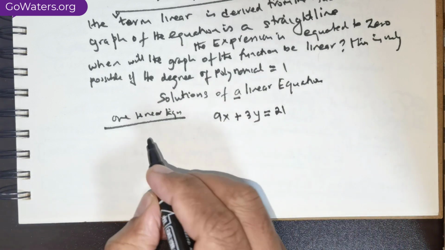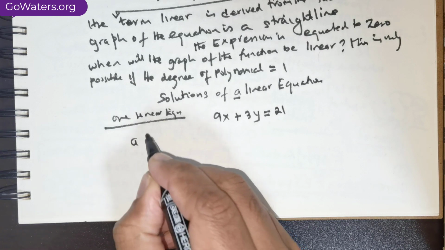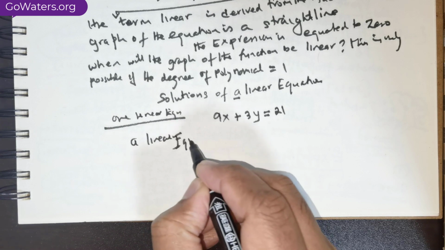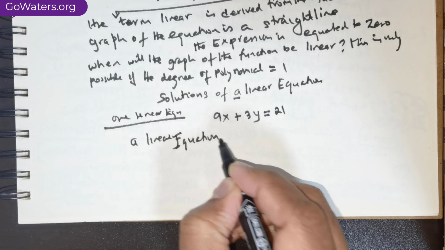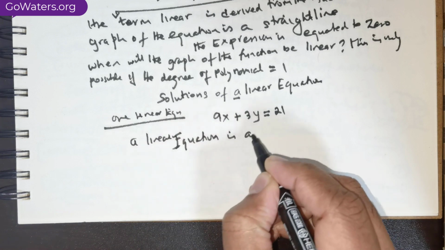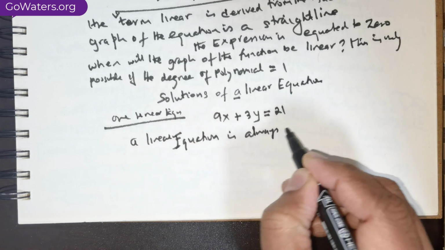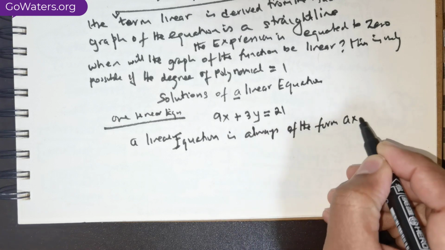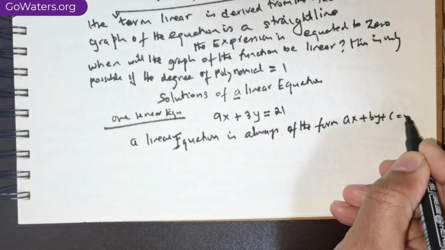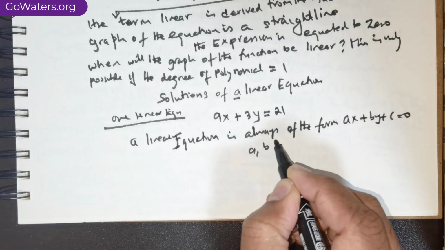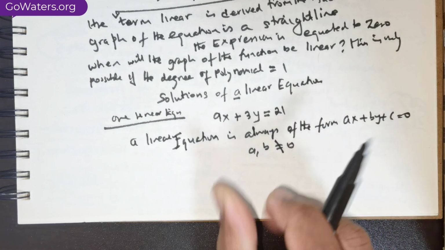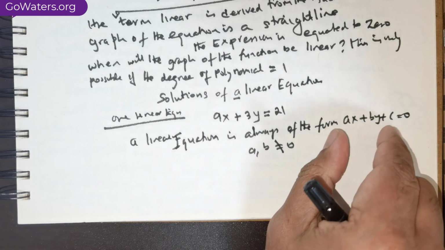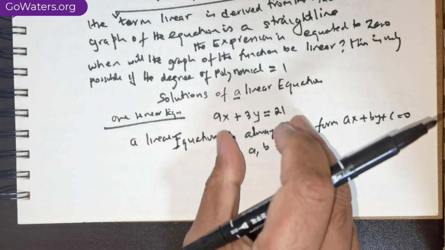Or remember always, a linear equation is always of the form ax + by + c = 0, where a and b cannot be equal to 0. So this is the criteria.